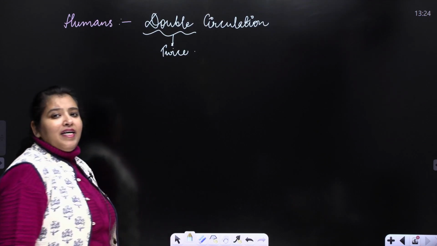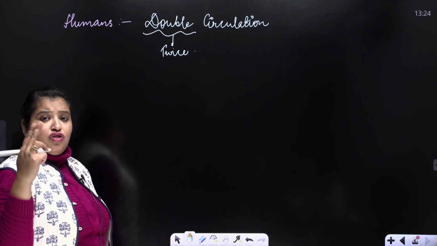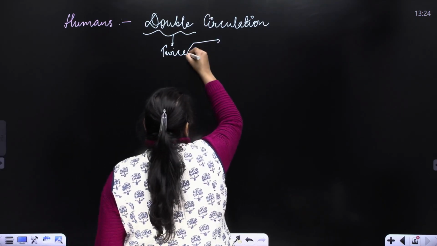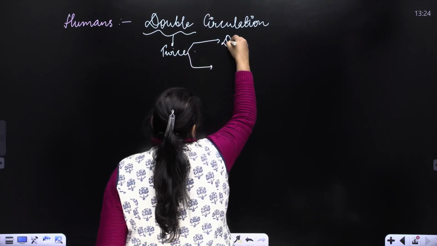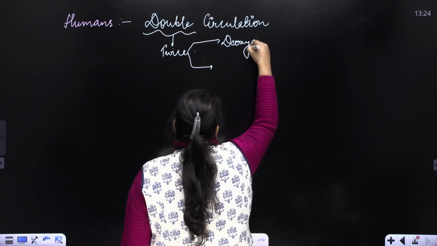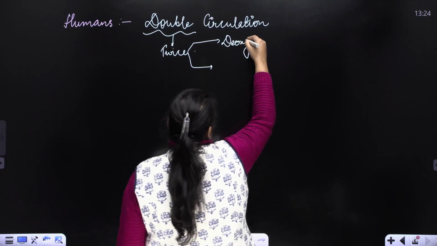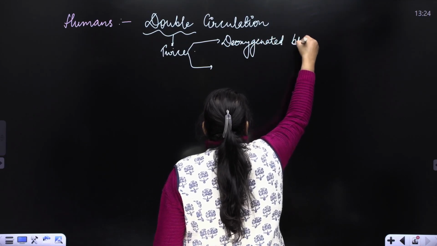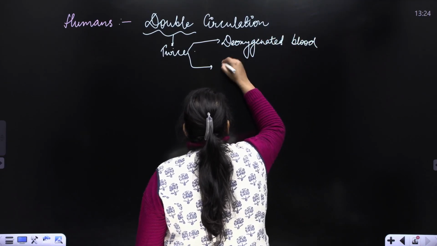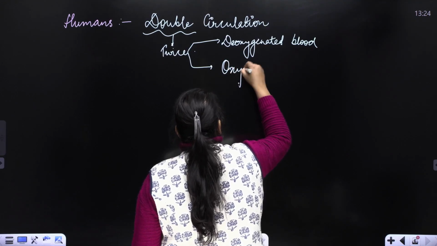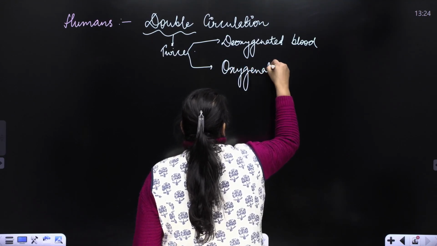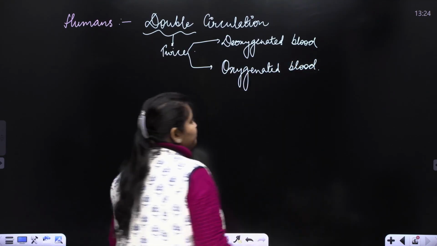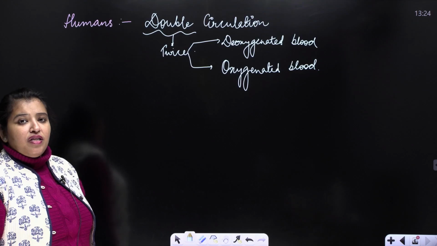So the blood is entering the heart two times. Once it enters as deoxygenated blood, and the other way is oxygenated blood. These are the two forms of blood which are entering the heart.